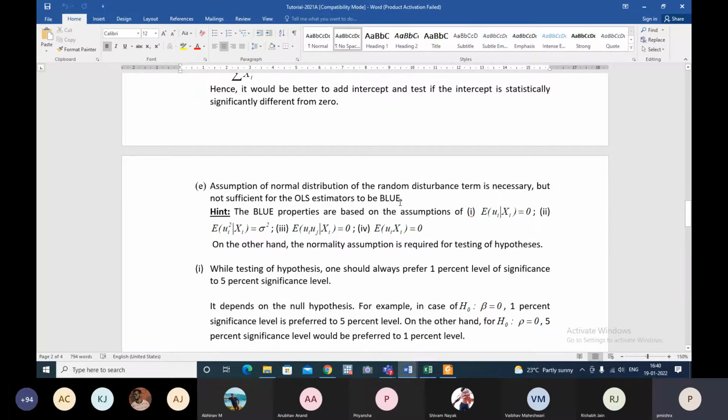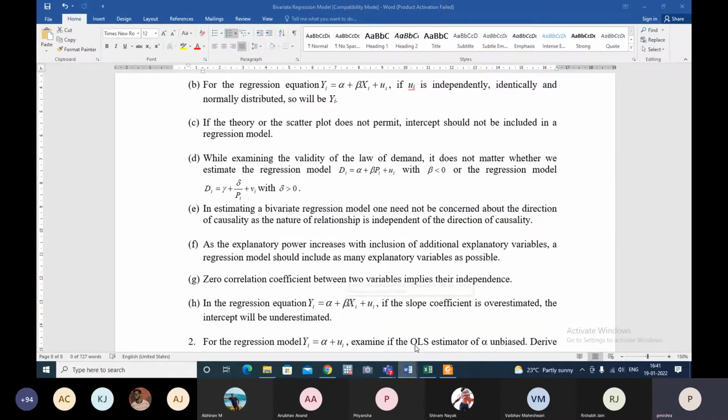So what I'll do, I will add some such hints into these questions and I'll upload. And what I will suggest you all is to see these hints and try to write down the answers, so that we can have some further discussions on these answers.